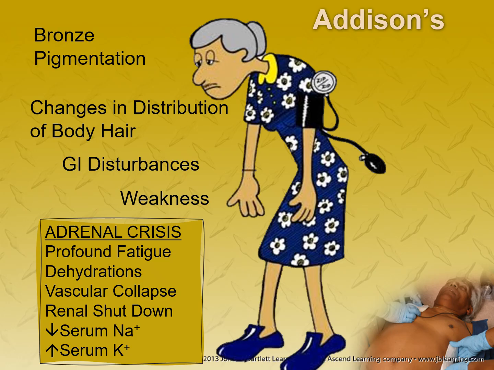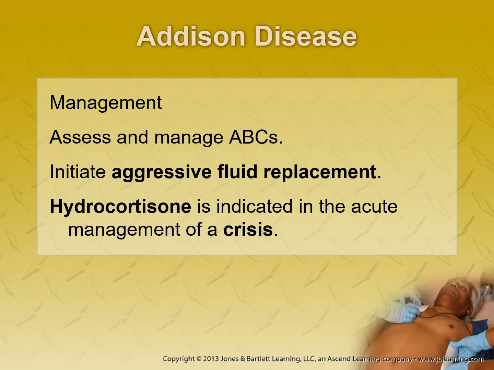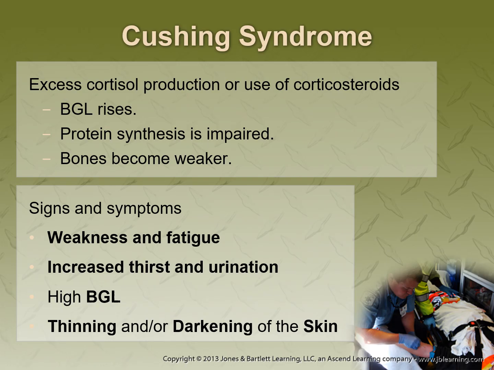And again, we see there hyponatremia. With that can go hyperkalemia. So all of those, and that's Addison's. When we manage this, it's all about giving them fluid to support that blood pressure. Be mindful of the electrolyte imbalance, and hydrocortisone when we're in the crisis.